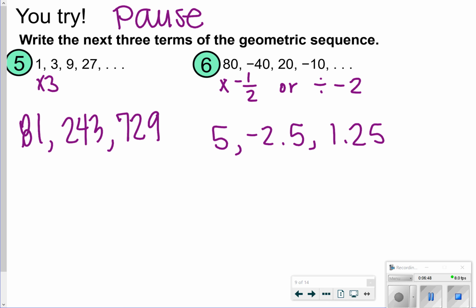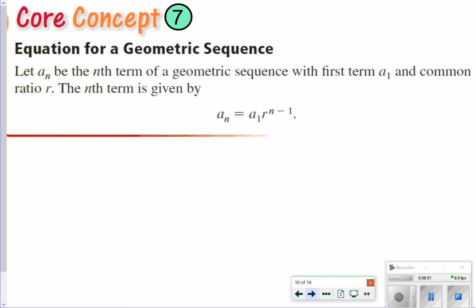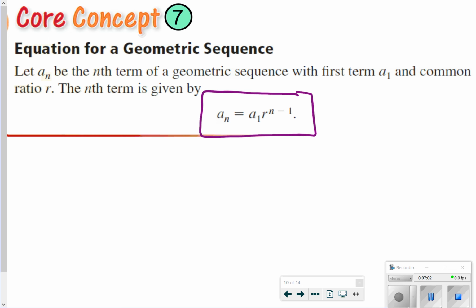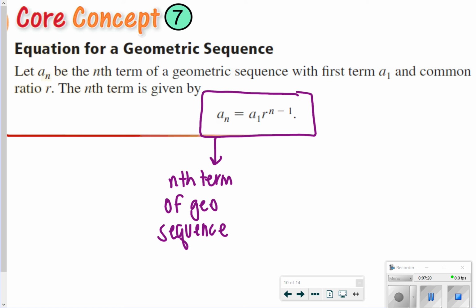Okay? The next thing we're going to talk about is just what the equation looks like for a geometric sequence. So you do want to write this equation down, because we're basically going to be using this formula to plug in some values and write those sequences formulas and then use a calculator to solve. Things you need to know: AN means the nth term of a geometric sequence. So you're going to just label like this in your notes.